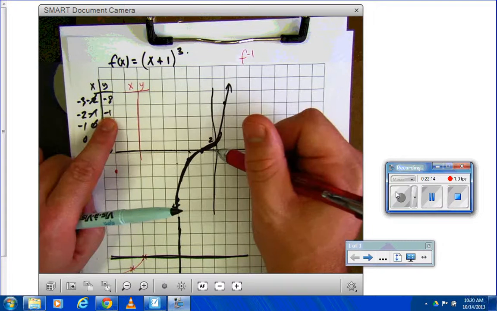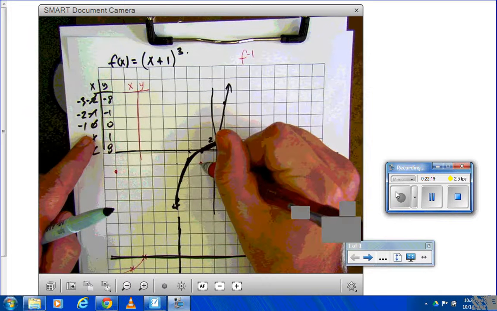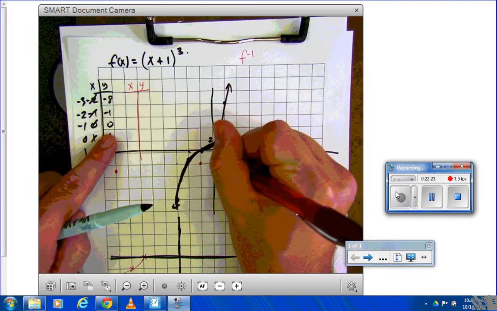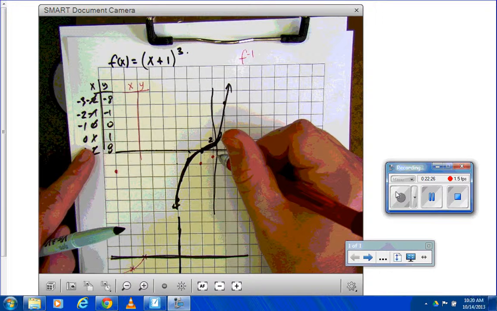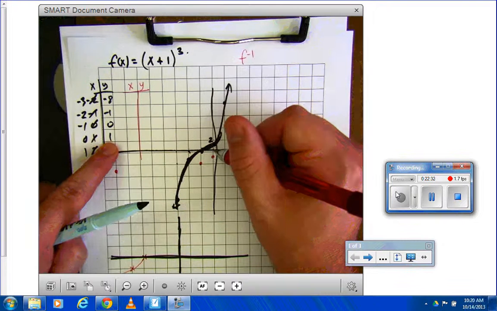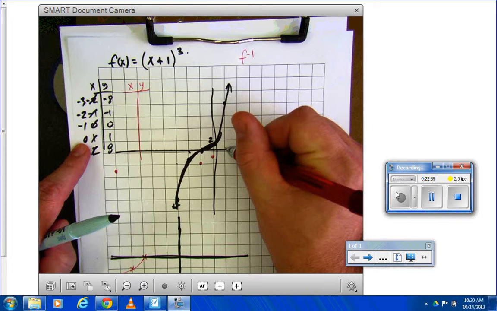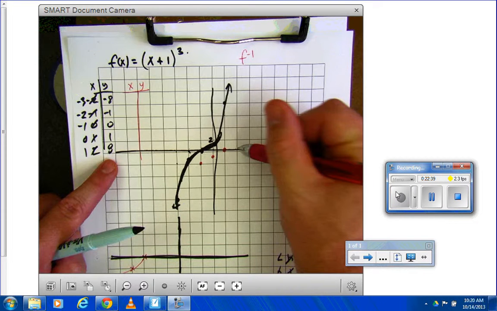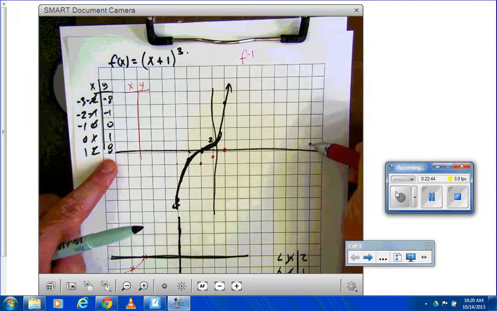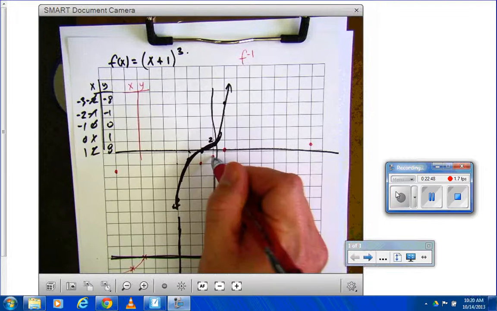I got to do it backwards. -1, -2, all right, and then 0, -1, and then 0, 1. So I've got to change that to 1, 0, and then 8, 1, 1, 2, 3, 4, 5, 6, 7, 8, 1. Right, there's my inflection point.